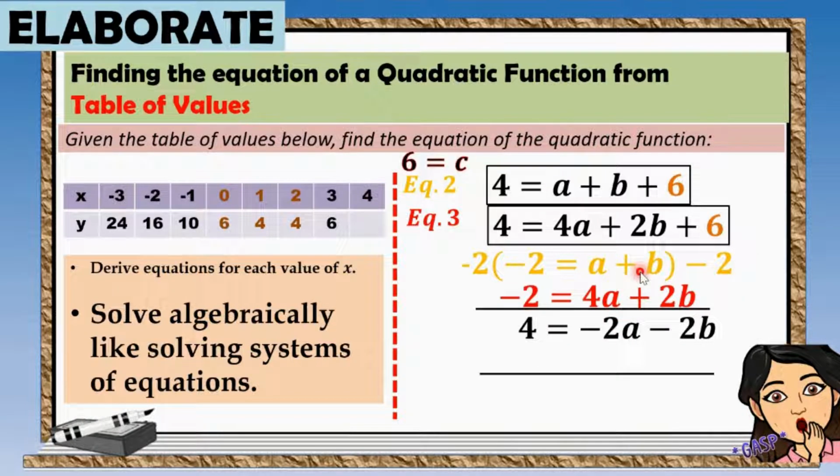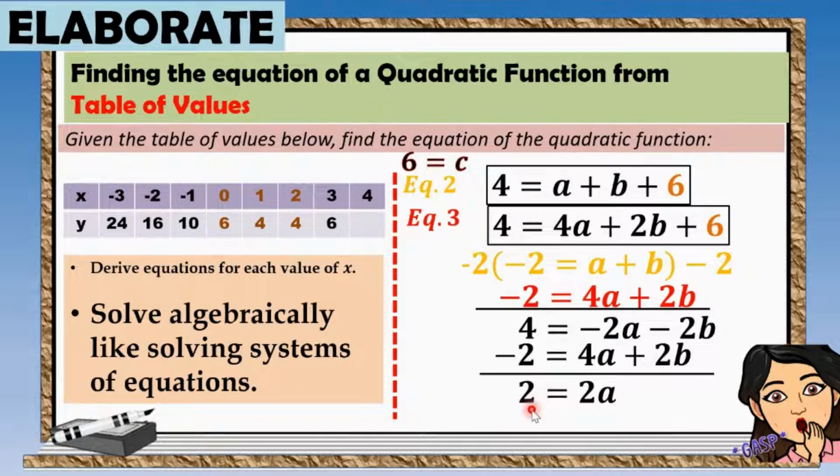Negative 2 times b is negative 2b. Then, just copy equation 3. So, let's now simplify. So, mapapansin nyo, cancel na din tong may variable b kasi negative 2b plus 2b is 0.